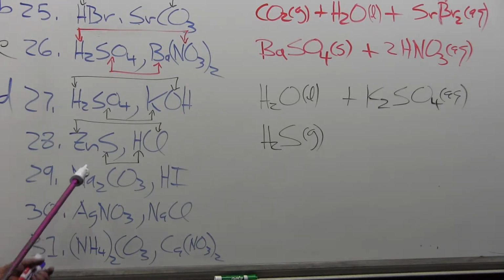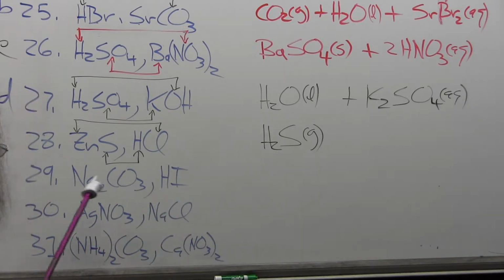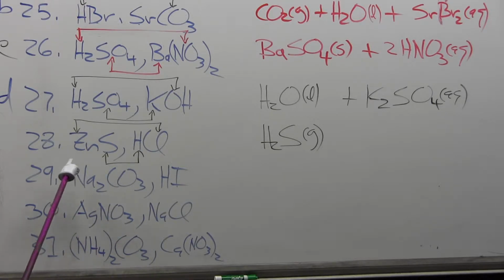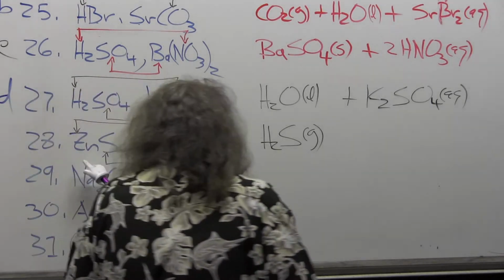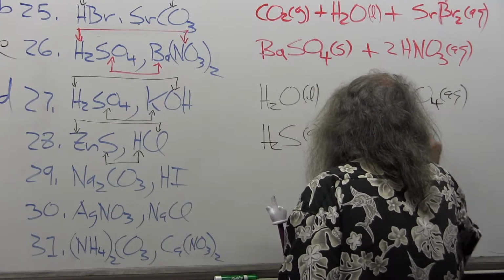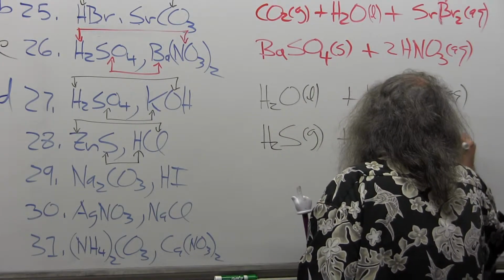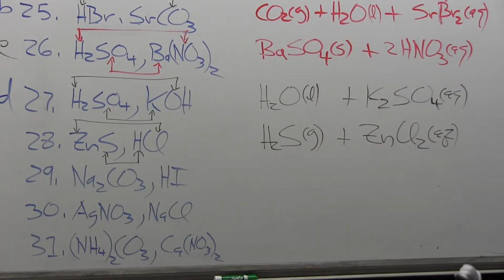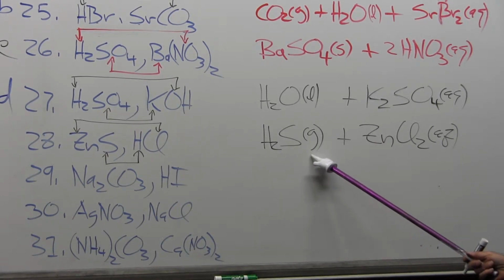Okay, so we've got hydrogen sulfide gas, and there is no water produced in this case, but the other compound is going to be zinc chloride, which we've already determined is soluble.